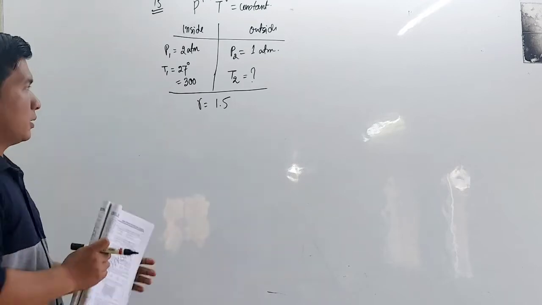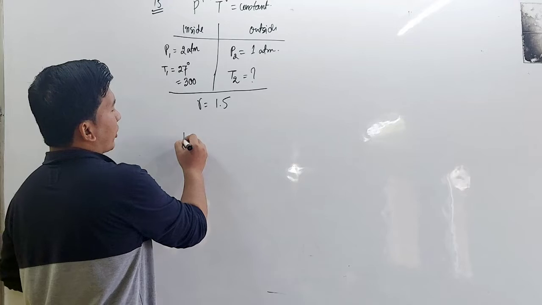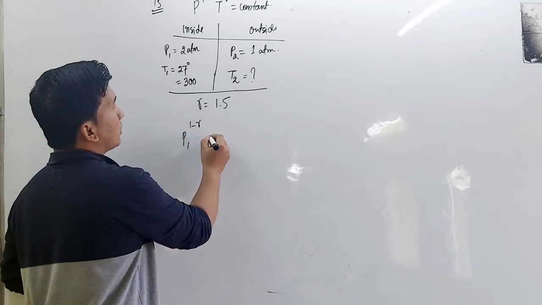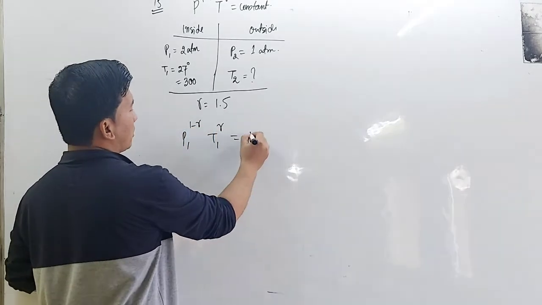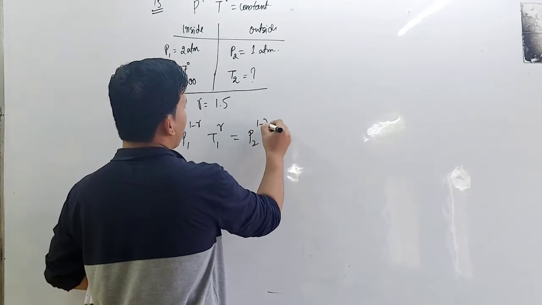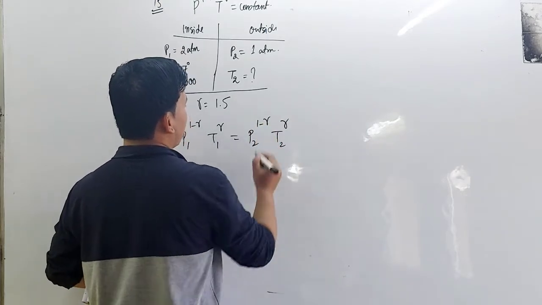Okay, go. What is P1 to the power 1 minus gamma, P1 gamma, this is P2 to the power 1 minus gamma, P2 gamma.